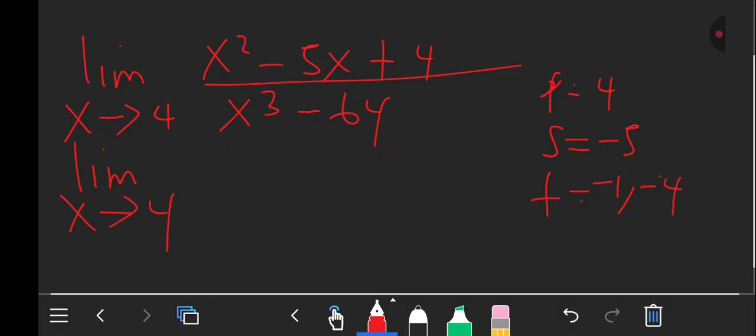So if we do the substitution, it will be x squared minus x minus 4x plus 4 over, at the bottom, the simplest way to evaluate this, you just say the cube root of 64, that is just a 4.